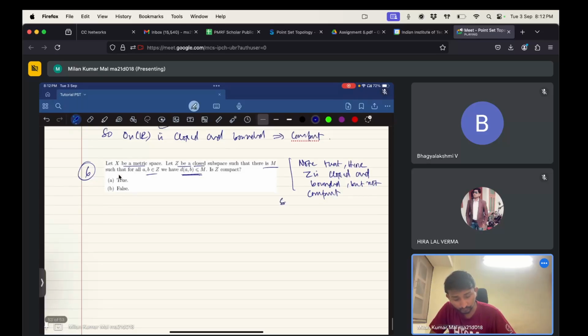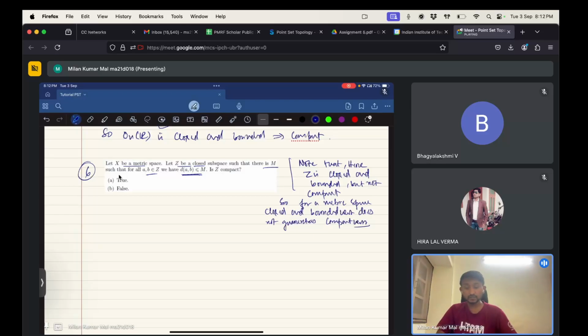So for a metric space, closed and boundedness does not guarantee compactness. But in a metric space, compact means closed and bounded. That is for sure. But in R to the power n, these two are equal. That's what I just wanted to point out for the last 3 minutes.